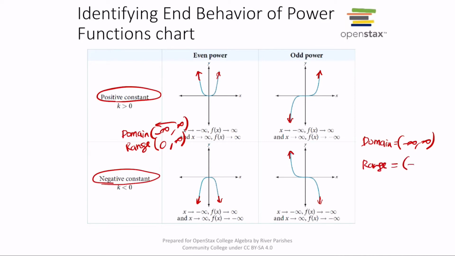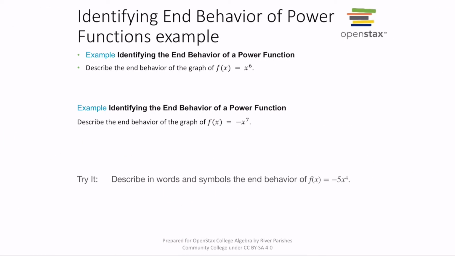For a negative constant with an even power, the domain stays the same, negative infinity to infinity, but the range becomes negative infinity to 0. So this is the range and domain of the values.